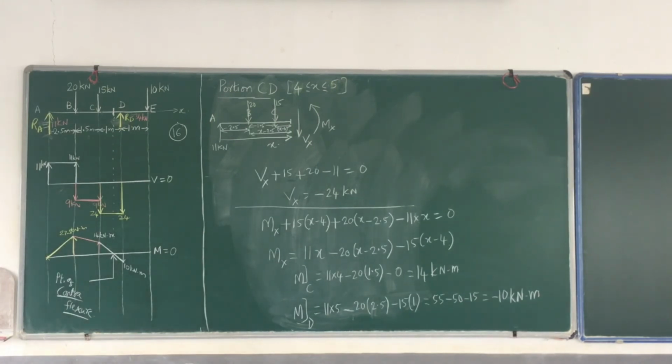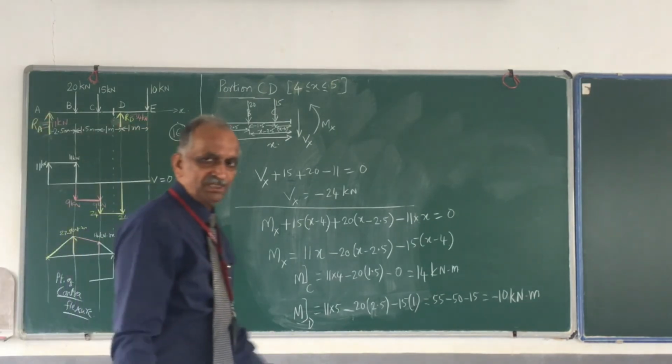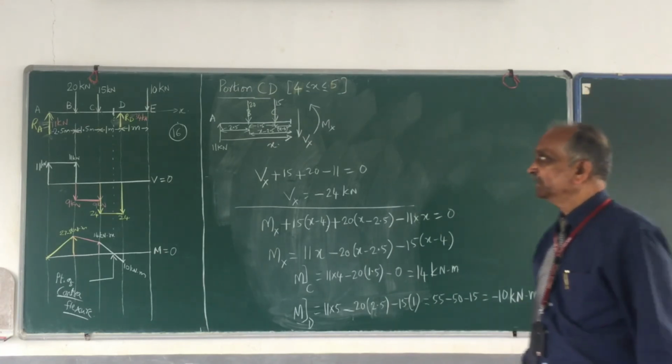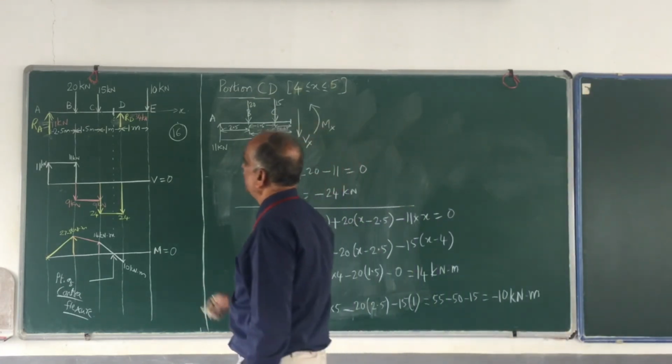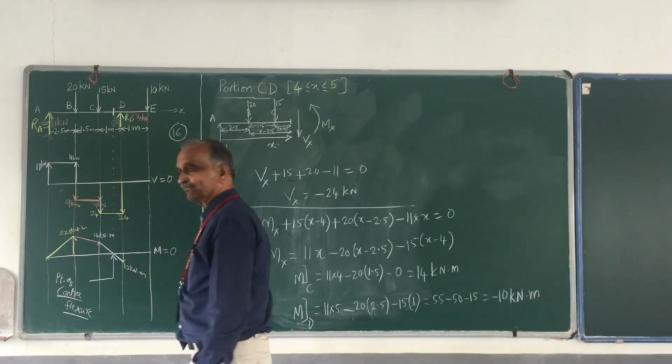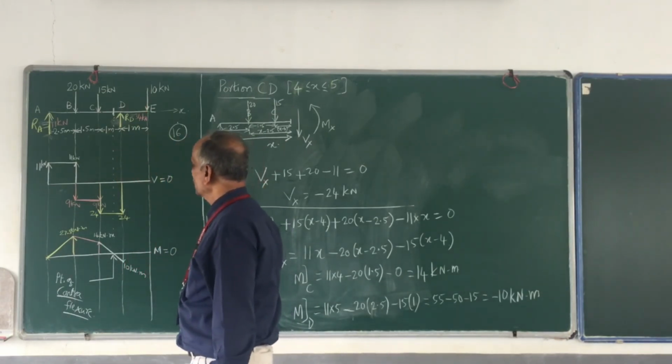A portion of the beam on either side subjected to different sense of bending moment. Sense means direction. Different direction bending moment. That section is called the point of contraflexure.